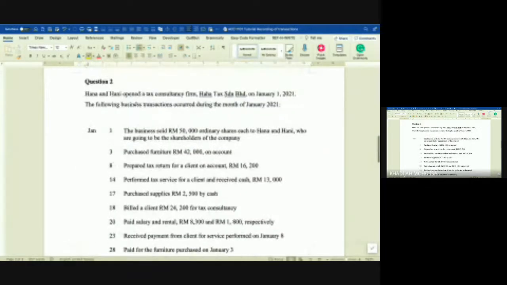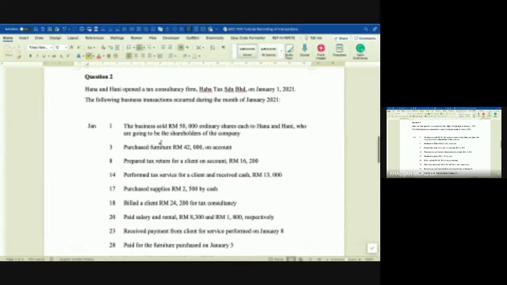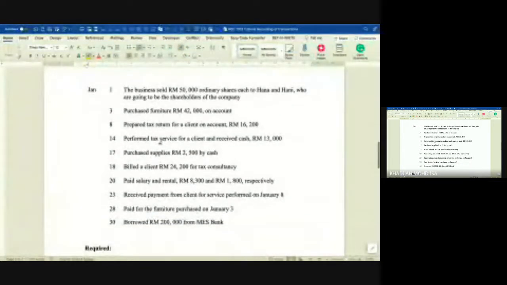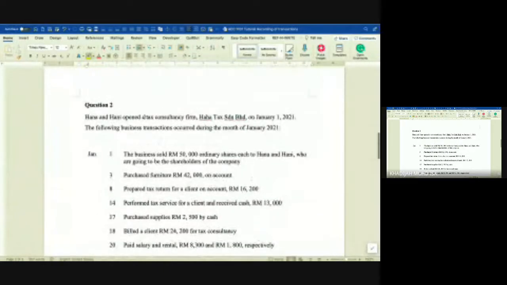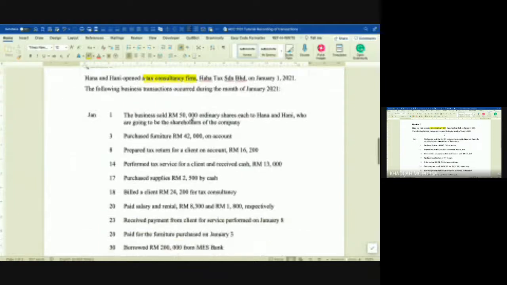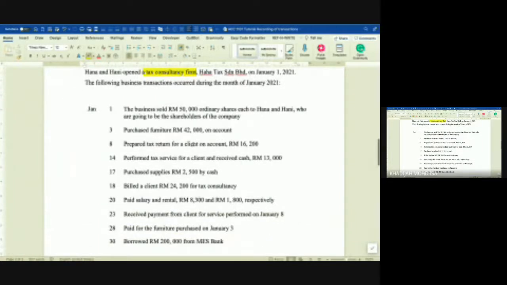This one is similar to question number 1. Remember that you have to understand the company is a tax consultancy firm, so it provides tax consultancy. That's why we say, okay, perform tax return for clients.